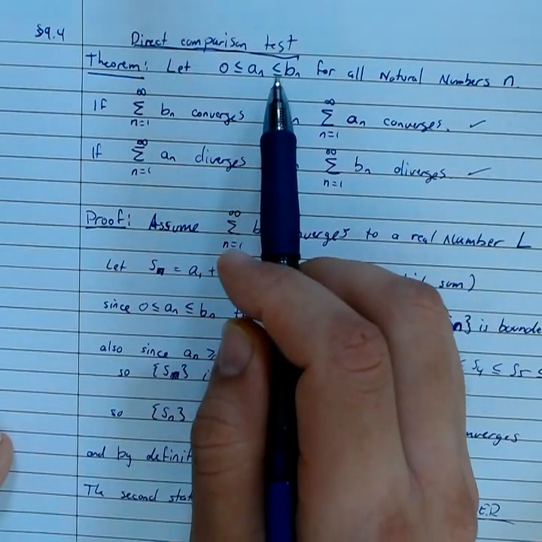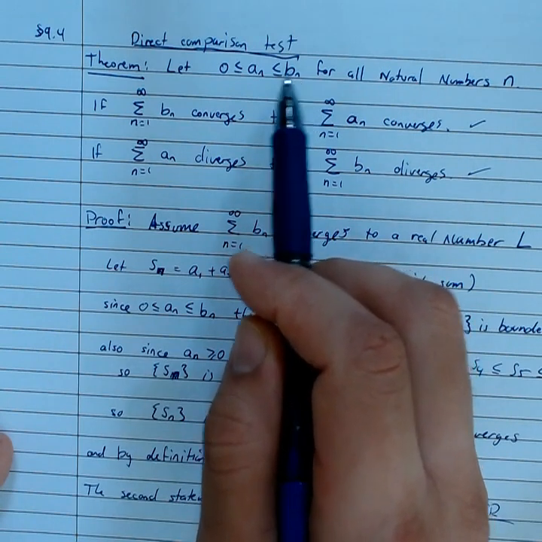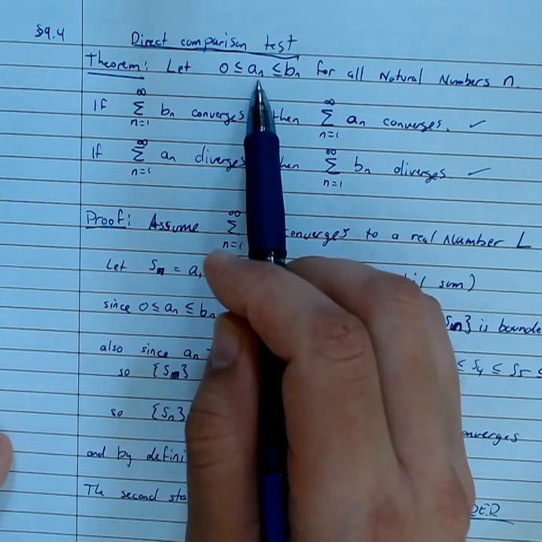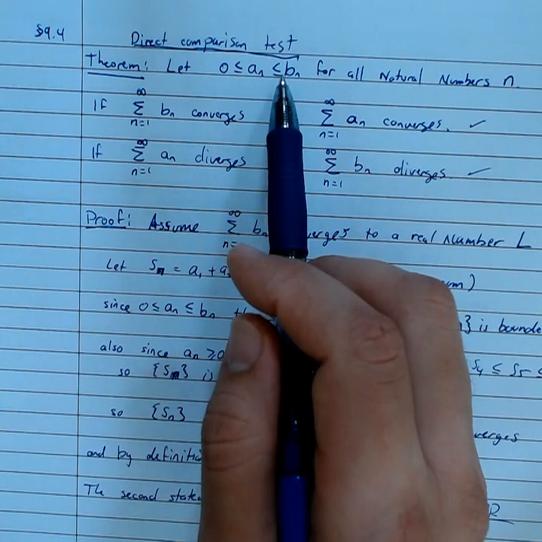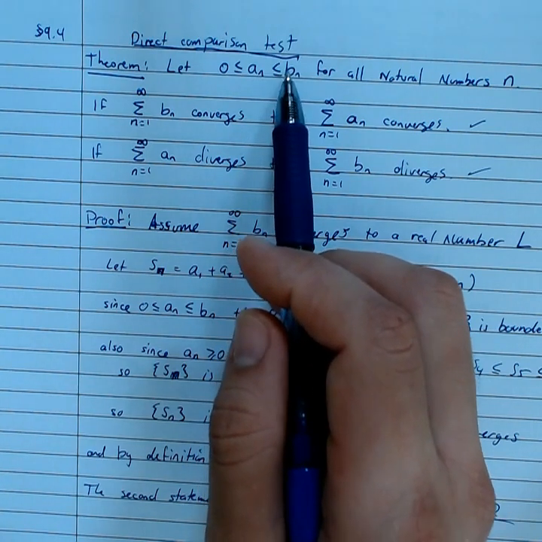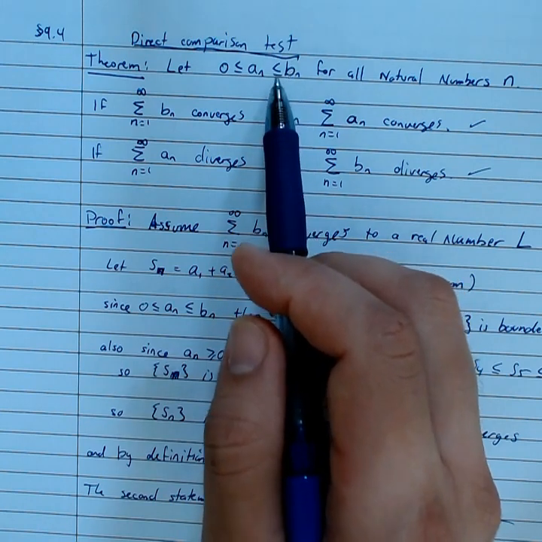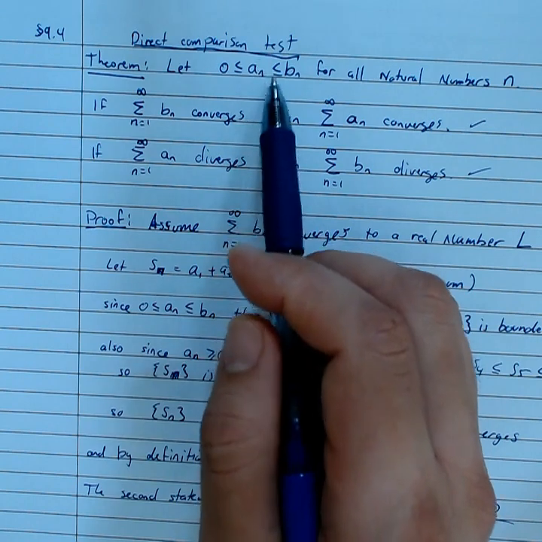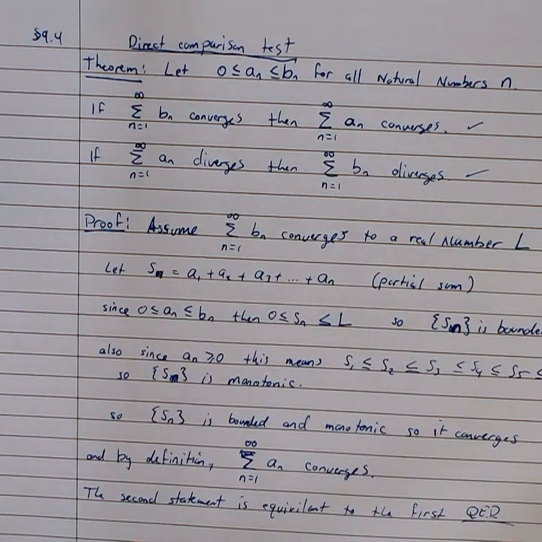If a sub n is less than b sub n, b sub n converging makes a sub n converge. A sub n diverging makes b sub n diverge. But the other way is not true. If a sub n converges, that doesn't say anything about b. And if the series of b sub n's diverges, that doesn't say anything about the series of a sub n's. So just be mindful of that.